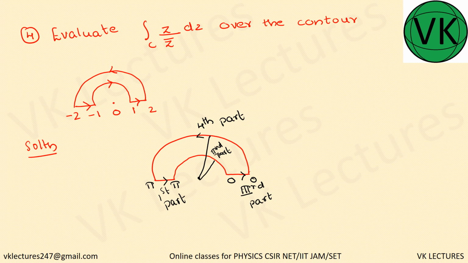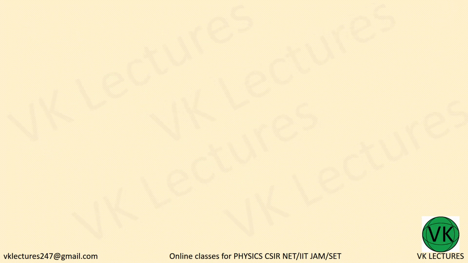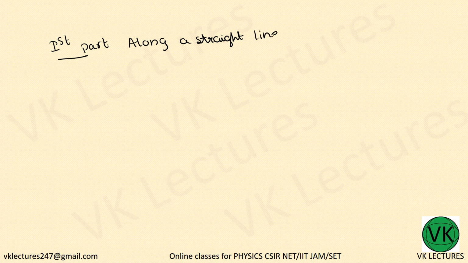So like this, we need to part the diagram into different classes, and we can move along to the answer. In the first part, along a straight line, z is equal to x plus iy, that is along the x-axis.